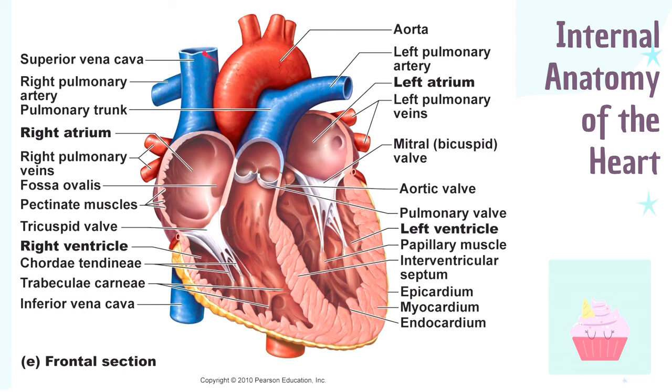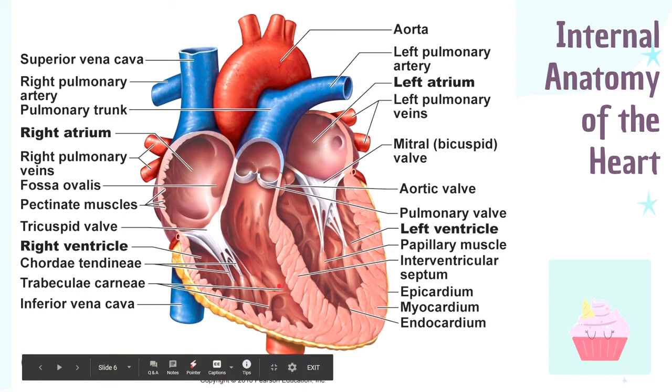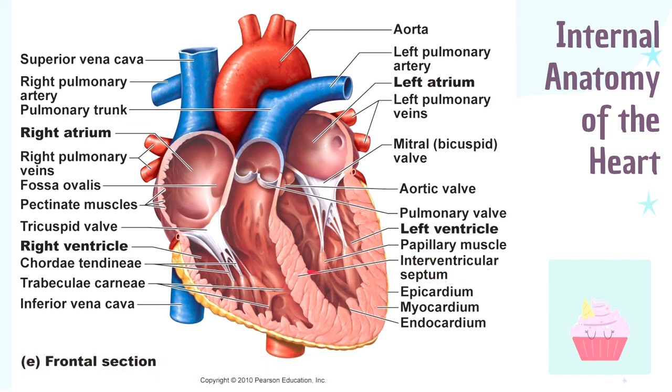So blood passing through the superior and inferior vena cava will empty into the right atrium. Then passing through the tricuspid valve, the blood will go into the right ventricle, which is separated from the left ventricle by your interventricular septum.